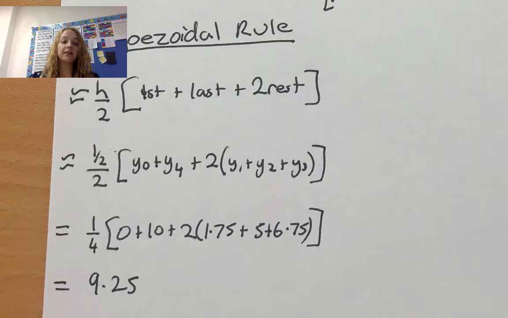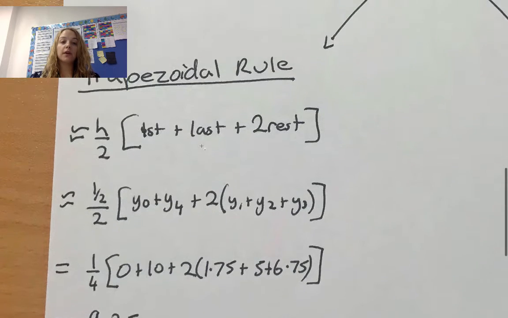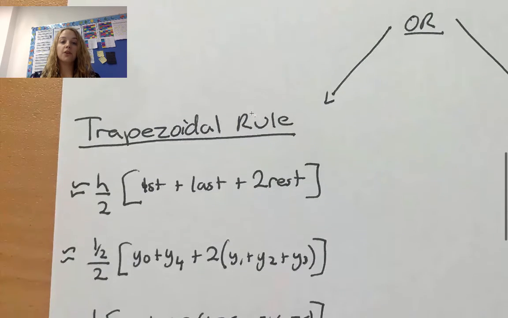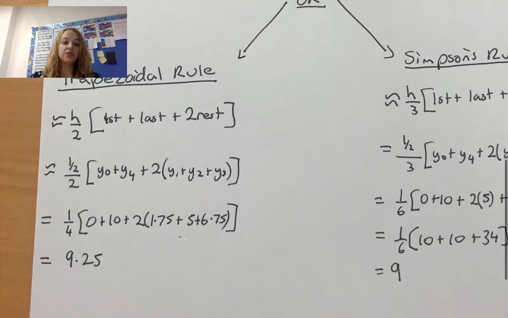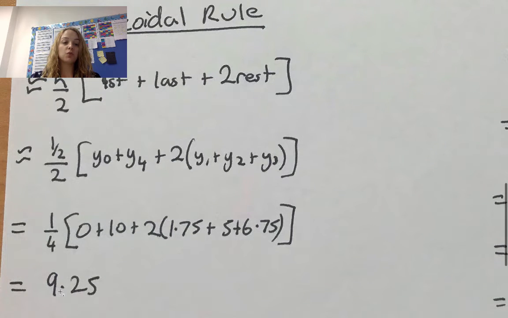You know your height is a half, you put that in. You have labeled your function values, y0, y4. You also then have 2 times the rest of them. Put that all together and you get for your trapezoidal rule 9.25.